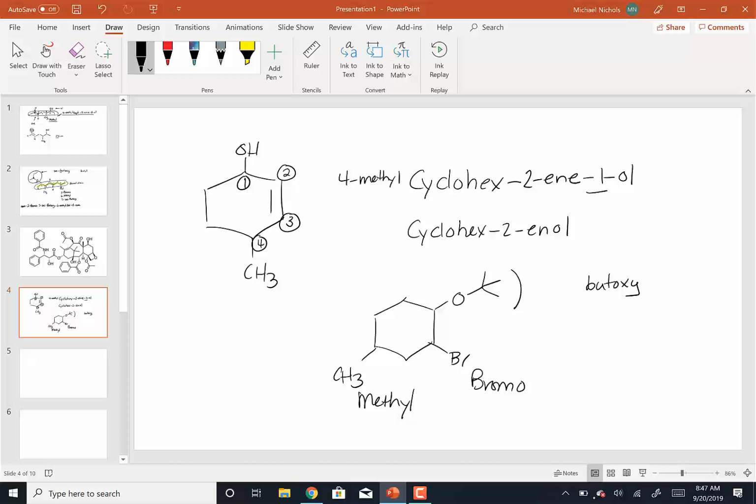Tert-butoxy. Because if you put your finger over the O, that is a butyl group where the attached carbon is tertiary. So tert-butyl now becomes tert-butoxy. Bromo comes before tert-butoxy alphabetically. So this is going to be a bromo tert-butoxy methyl cyclohexane.